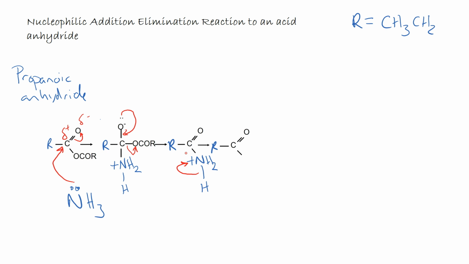The hydrogen ion donates its electrons back to the nitrogen atom, and we end up with the NH2 bonded to the C double bond O, and we also have the O, C double bond O, R and H plus, which join together to form, in this case, propanoic acid, because we said that our R group was CH2, CH3, and up here with our CH2, CH3 for the R group, we end up with propanamide.